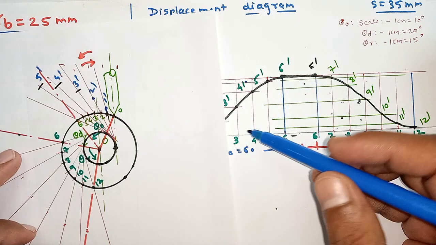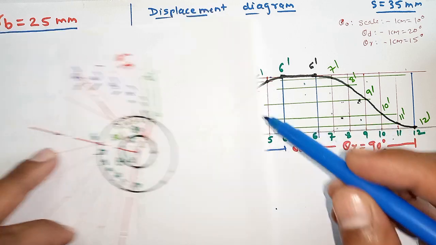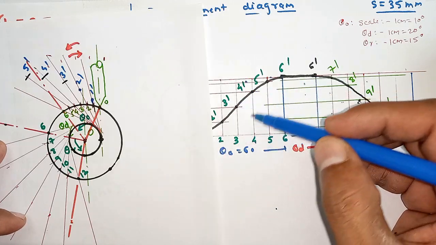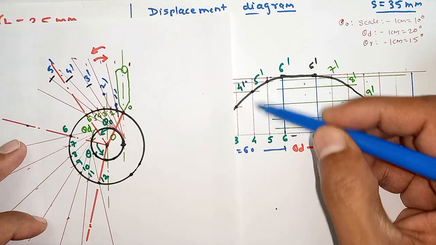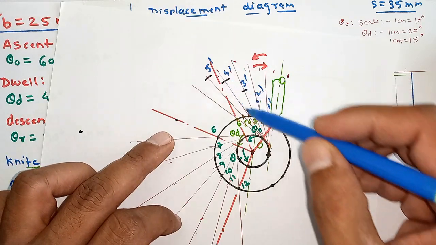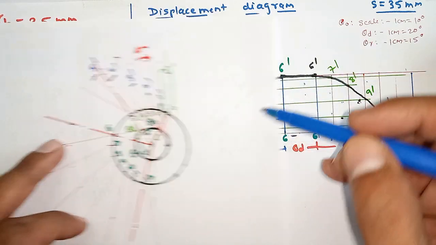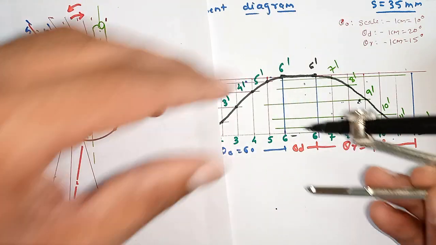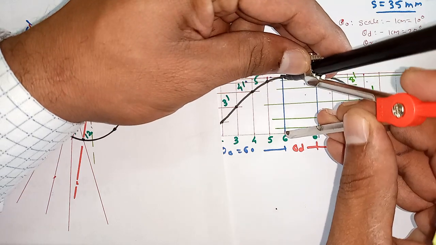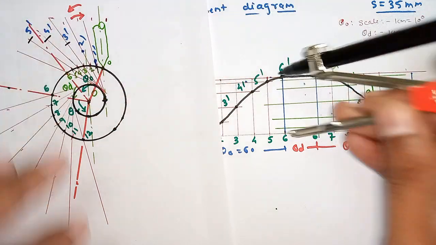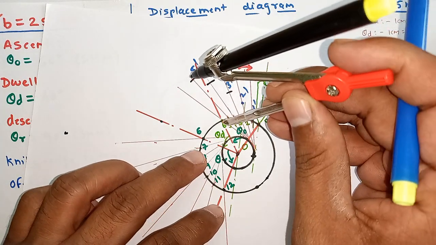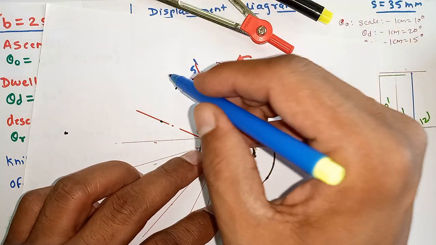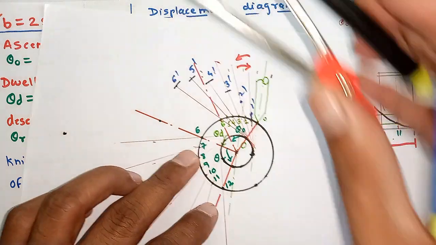Similarly I have plotted the displacement of point number 3, 3 to 3 dash, 4 to 4 dash on line number 4, and 5 to 5 dash on line number 5. Now 6 to 6 dash will be the stroke length or maximum displacement of the follower. So on line number 6 it will be here. We'll name that point as 6 dash.